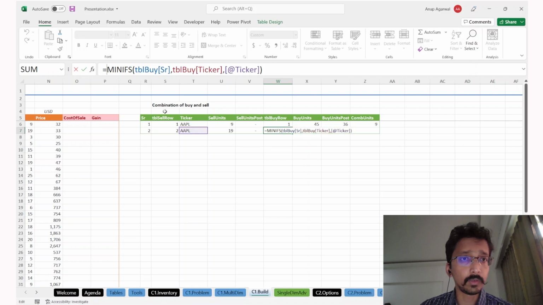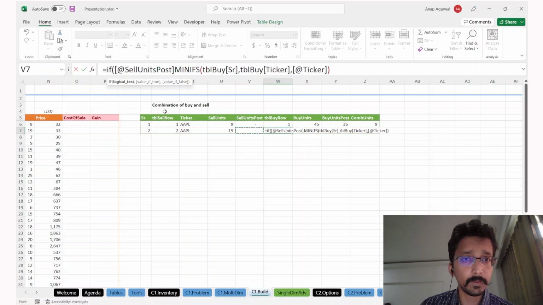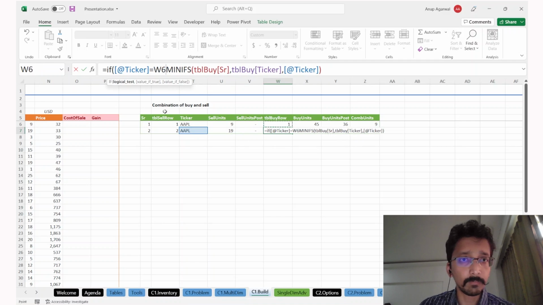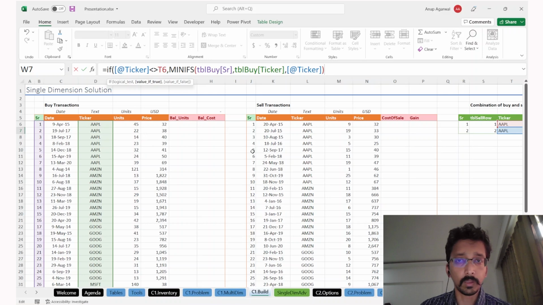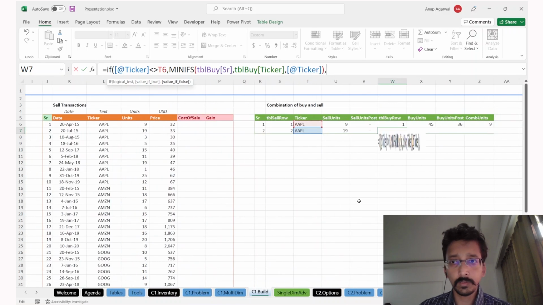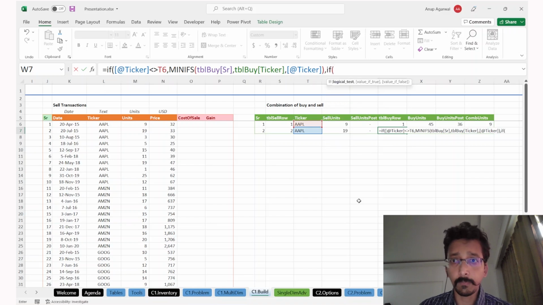So I'll probably write over here that, if this stock is something new, it's not the same as the previous stock, then we want to pick up the first row of the buy table with stock. Otherwise, if the number of buy units have been depleted, then from the buy table, we move to the next row.